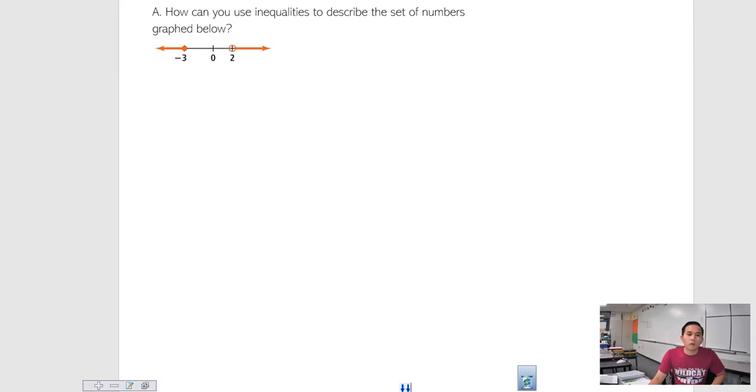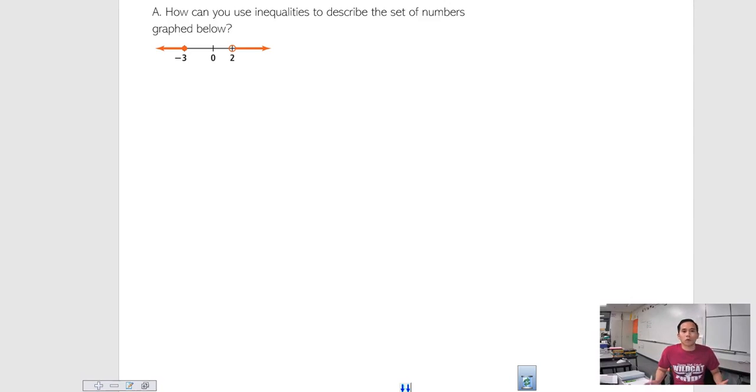How can you use inequalities to describe the set of numbers graphed below? As you can see, the graph has a solid circle at -3 and an open circle at +2.